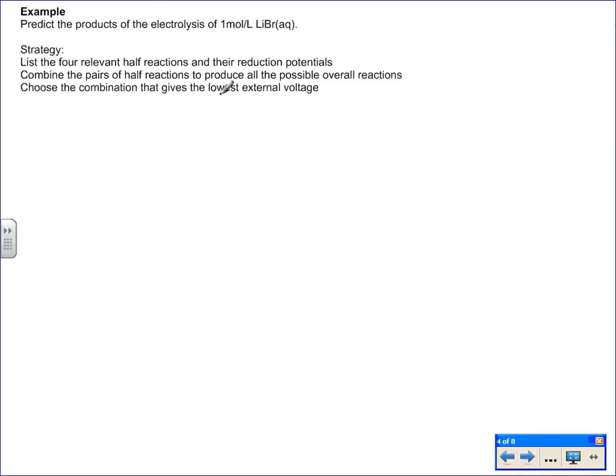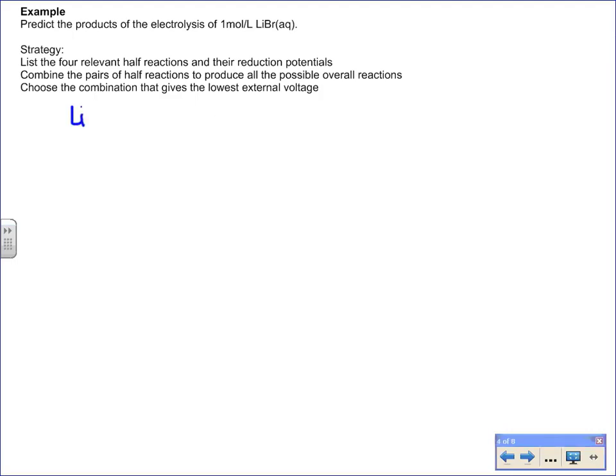Okay, so let's look at an example here. We want to predict the products of the electrolysis of lithium bromide. I've got some updated steps in your notes. What we want to do is list the relevant reactions.